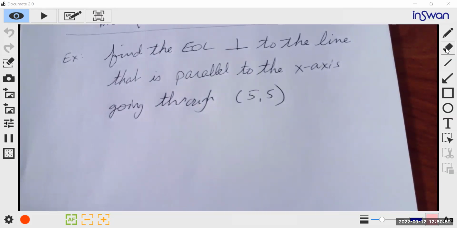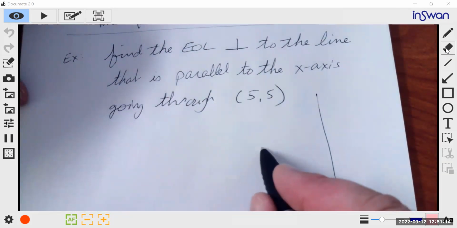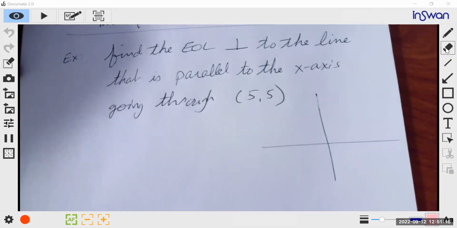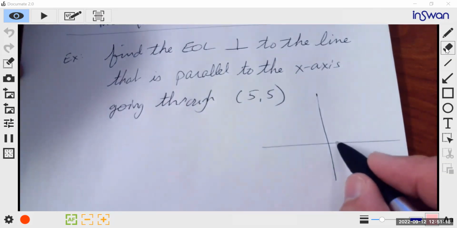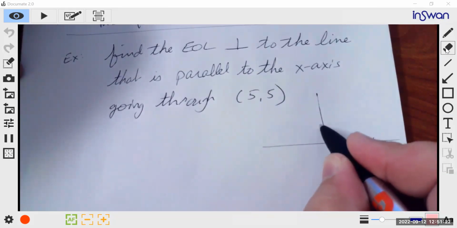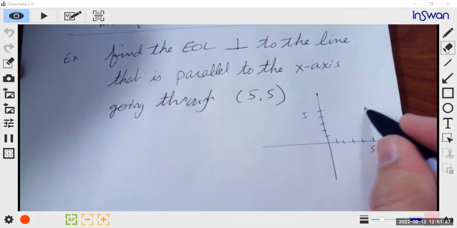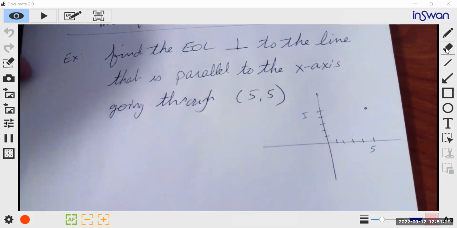Anybody have an idea? Well, let's draw your picture. What do you know so far about the picture? So the line has to go through that 5, 5.